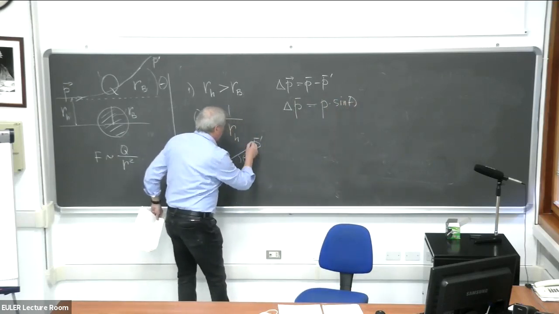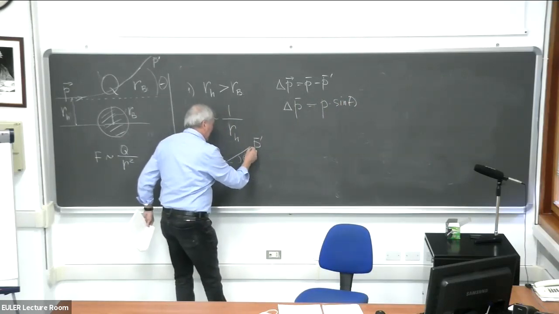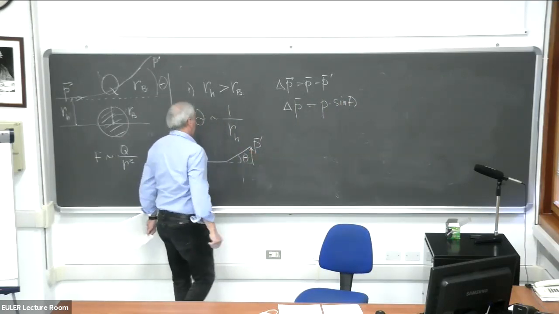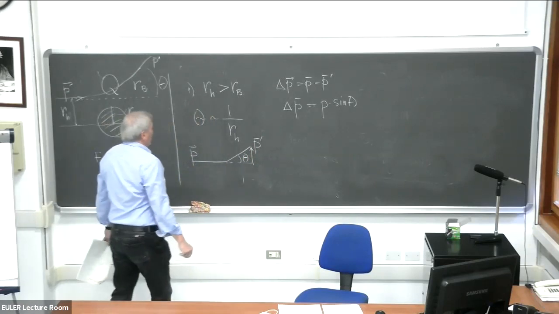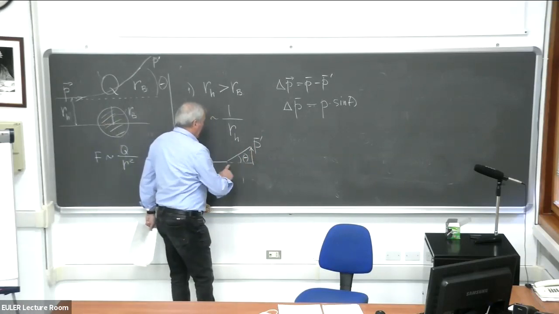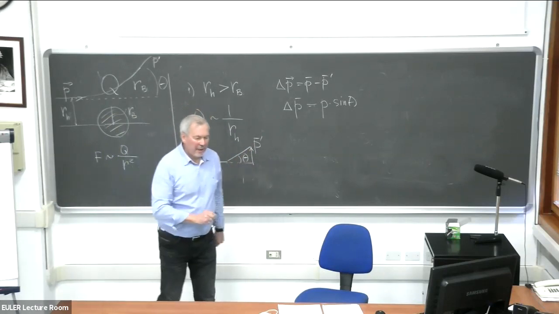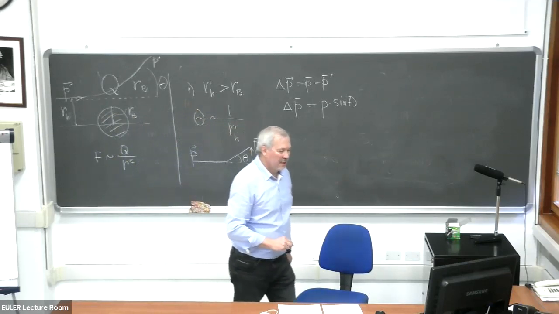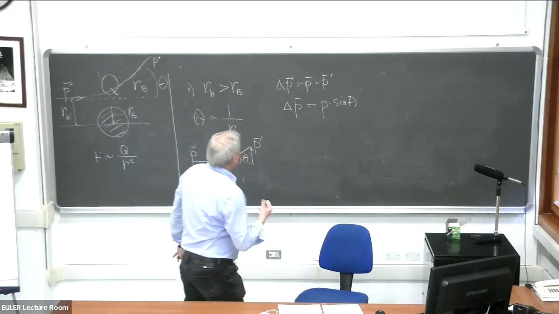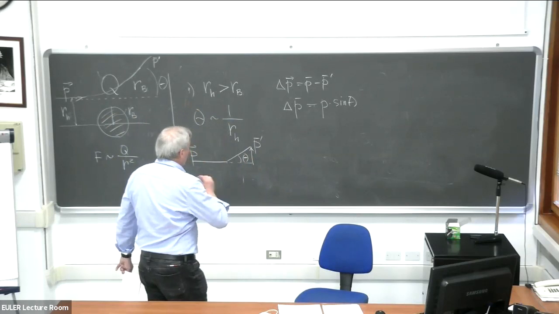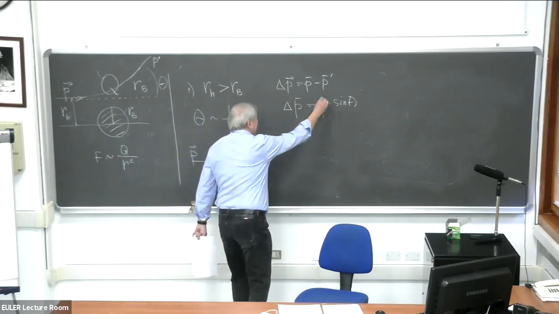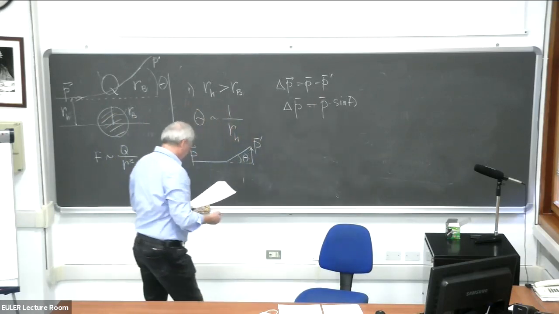So delta P essentially is given by this vector, the difference. And that's given by the momentum multiplied by sine of the angle. I assume here that the collision is elastic so that the total momentum doesn't change. So the modulus of momentum doesn't change. Okay.